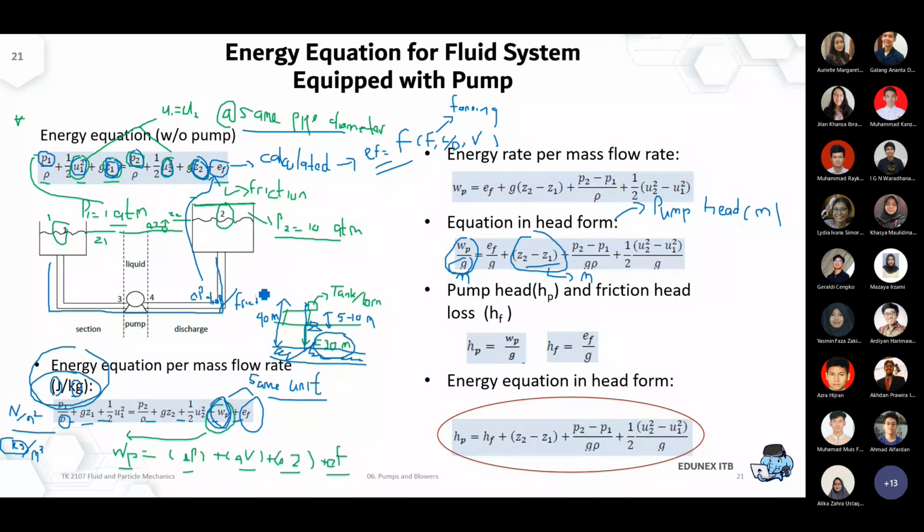Starting from that energy equation, we can simplify, or maybe just put it in the correct order so that the pump calculation can be done consistently.